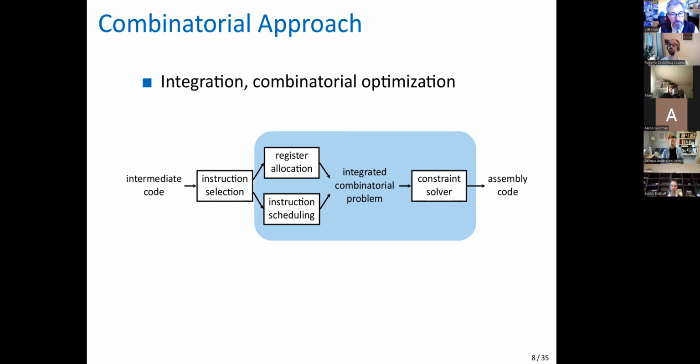And that's a pretty cool thing of this combinatorial modeling approach, is that you can actually combine problems. It's very composable as opposed to heuristics. Then we take this giant problem that describes the entire register allocation and instruction scheduling space of choices that you might take there, and we give it to a constraint solver, and we tell the solver, optimize for this or for that.